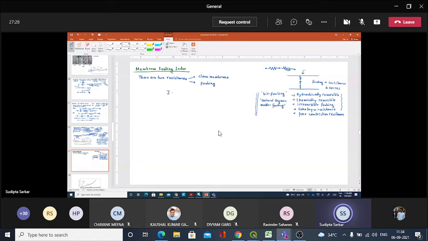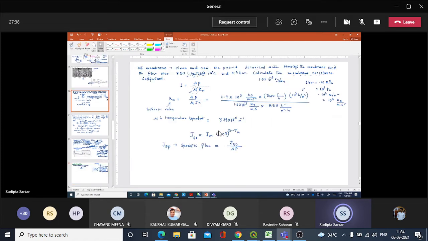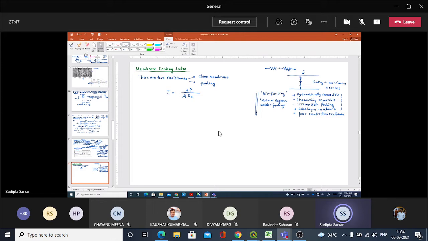If you recall, when we discussed last time, we said K equals P by mu into Km, right? So K equals delta P by mu Km. Here I will add another resistance.